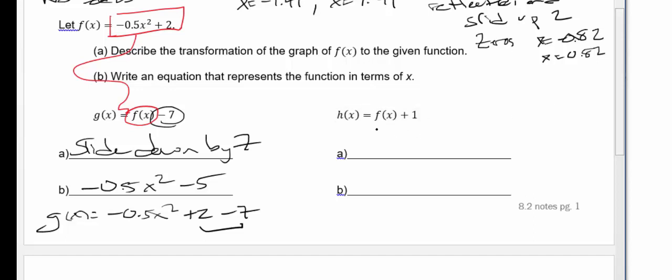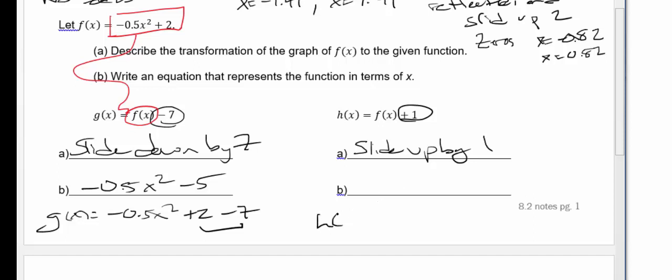Kind of a similar game. I think that the graph of h is going to be whatever f of x is, but added 1. So because of this adding 1 on the outside, this is a slide up by 1.